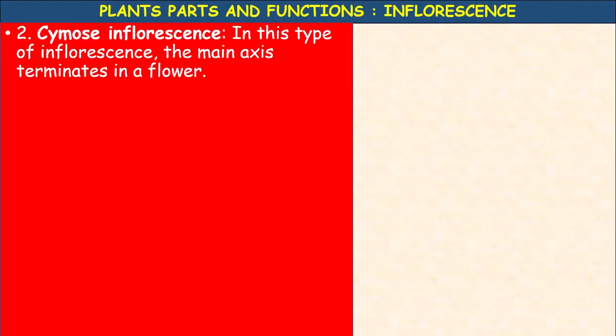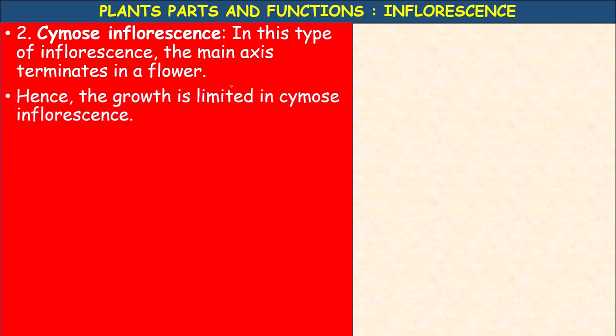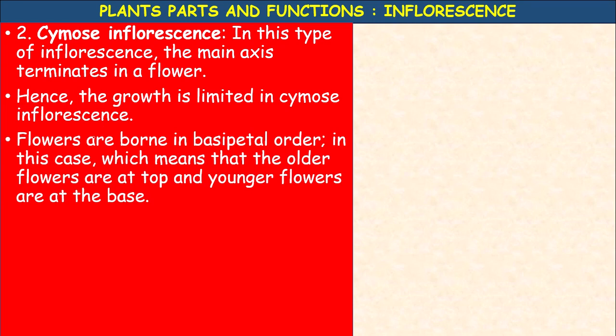So, cymose type of inflorescence. In this type of inflorescence, the main axis terminates in a flower. Hence, the growth is limited in cymose inflorescence. The flowers are borne in basipetal succession or basipetal order, which means that the older flowers are at the top and younger flowers are at the base.